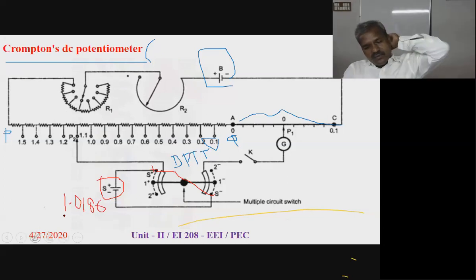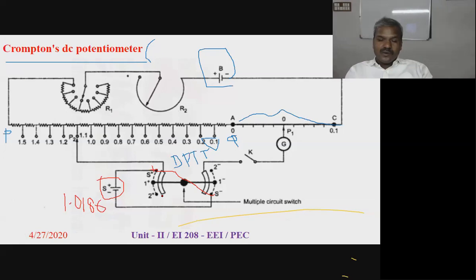So for this 1.0186, what you have to do by placing this standard cell between S plus and S minus position. Place this P2 contact in one position, exactly one, this one, exactly one.